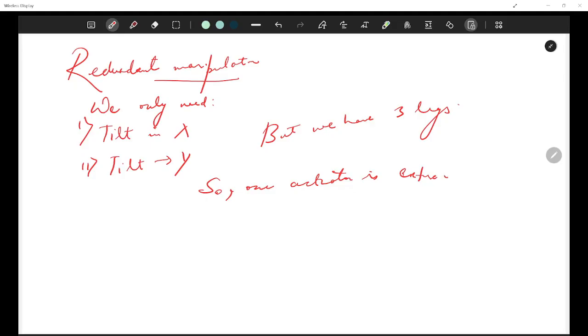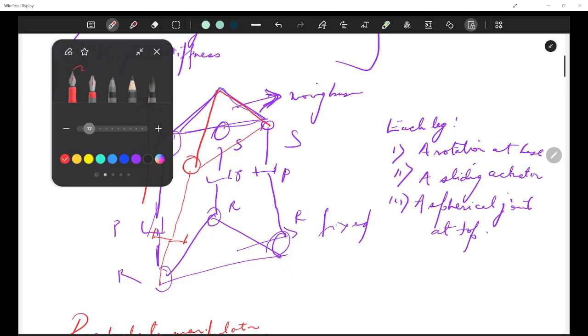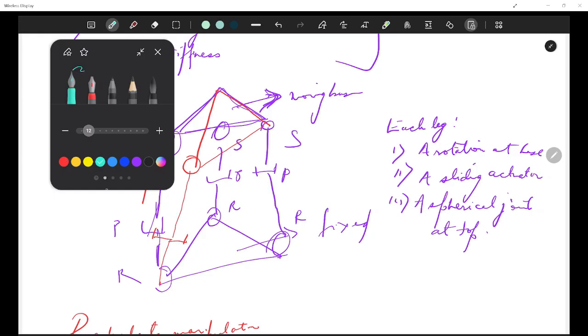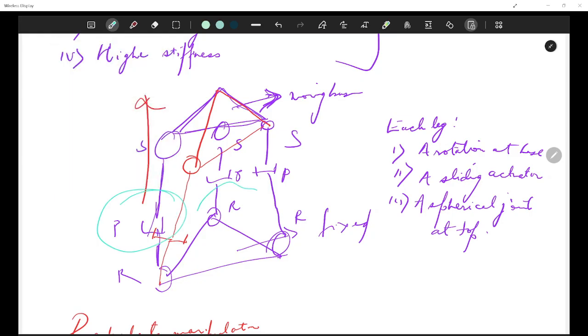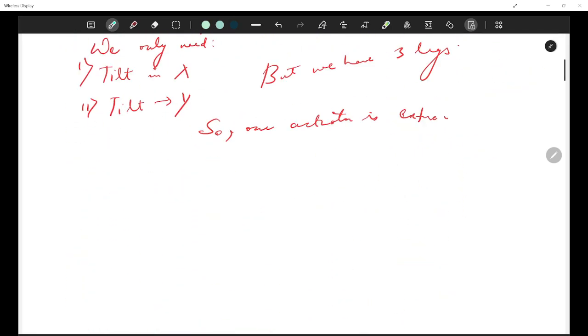And you are aware that this is only actuated at the prismatic joint here and here, not at all the joints. So one actuator is extra.